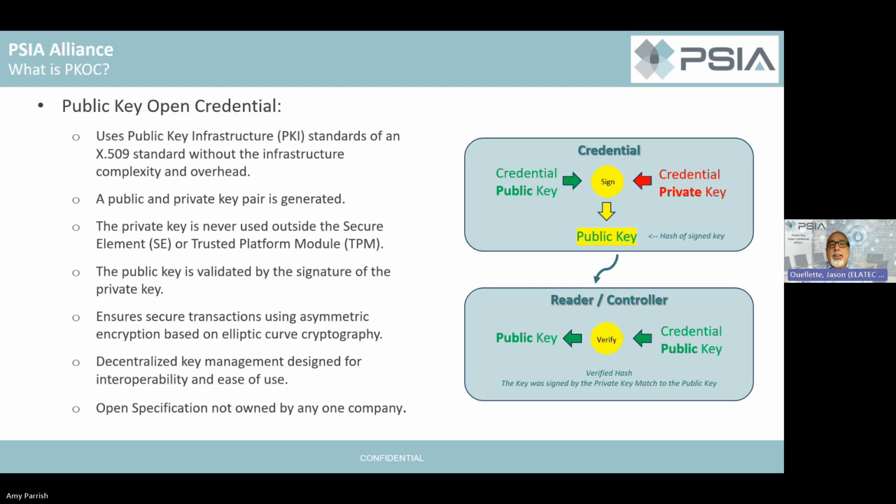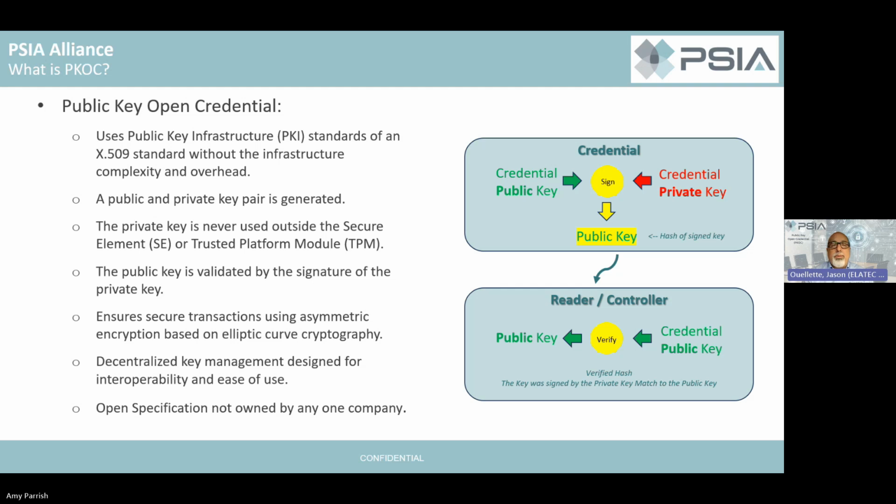And that's one of the last points I'll make here: the Public Key Open Credential specification is not owned by any one company or individual. It is truly an industry standard, freely available to anybody who wants to access it from the Physical Security Interoperability Alliance.org. And on the right-hand side of this slide, where we're talking about the definition, you can see the simplicity of basically the public and private key pair.